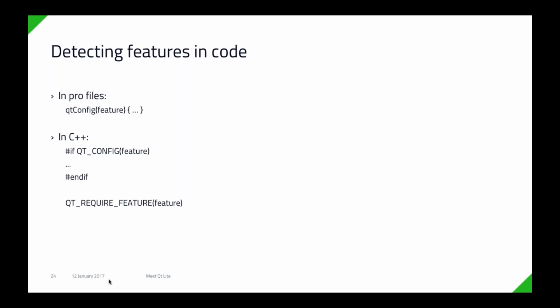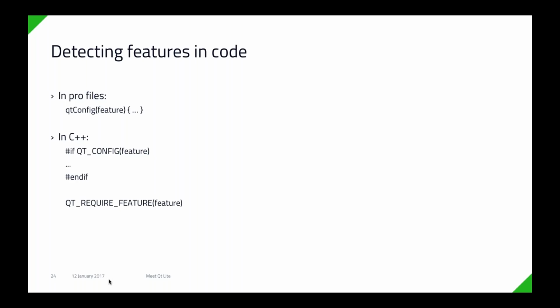And then we have two ways of detecting that. One of them is in the .pro files of your qmake-based project. You can basically check with the qtConfig function whether the mimetype feature is there. So you would write qtConfig(mimetype), and then you open the scope. If the feature is available, everything inside that scope will get executed by qmake. And you can, for example, add additional source files there, or you can set other things in your project.